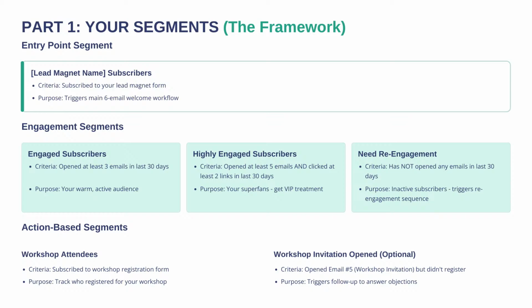So you want to make everything coherent. The engagement segments, like I say on that other slide, we have engaged subscribers, highly engaged, and needs re-engagement. And then there are the action based segments, such as workshop attendees.